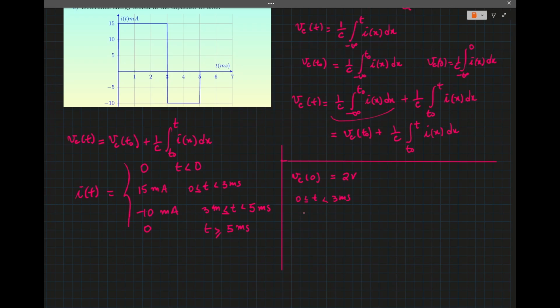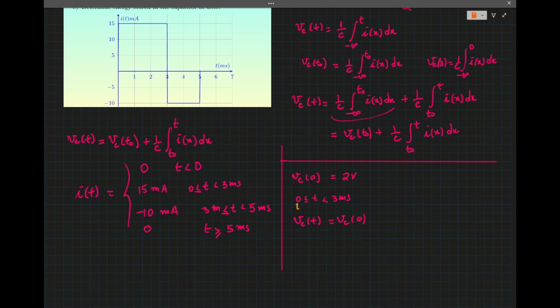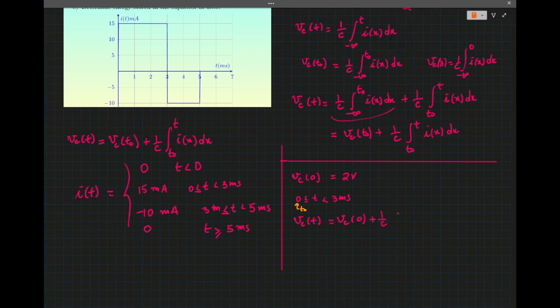We know that Vc of t will be Vc of 0, which is my t0, plus 1 over C integral from 0, which is my t0, to t of I of x dx. What I need to do is substitute the values in there.